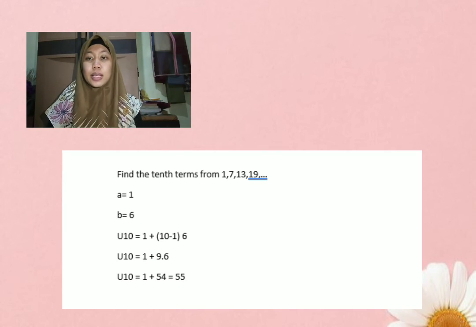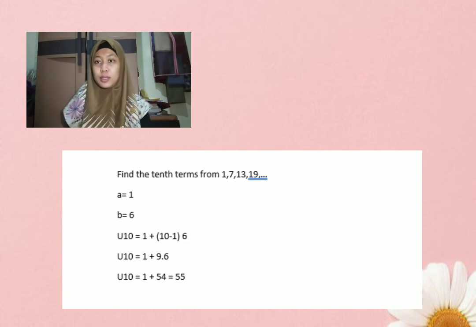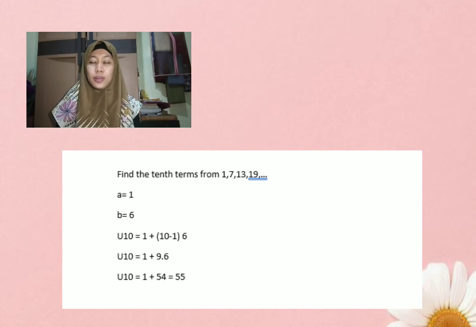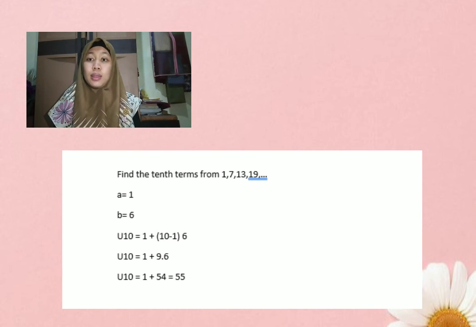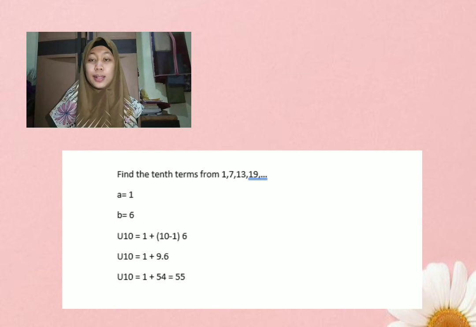Last about sequence and sum. Question number 1. Find the 10th term of 1, 7, 13, 19, and so on. We know the first term equals 1. The difference equals 6.